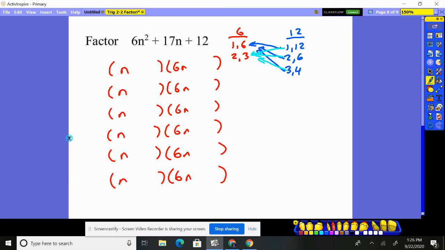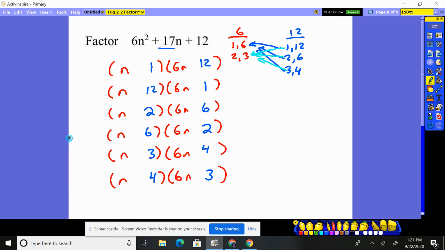There's going to be 2 and 6, flip it, 6 and 2. 3 and 4, flip it, 4 and 3. So again, luckily it's all addition, 1 and 12, or maybe 12 and then 1 here. Or it could be the 2 and the 6, or flip it, the 6 and the 2. Or 3 and the 4, or maybe the 4's here and the 3's here. It's all addition. We need a total of 17.